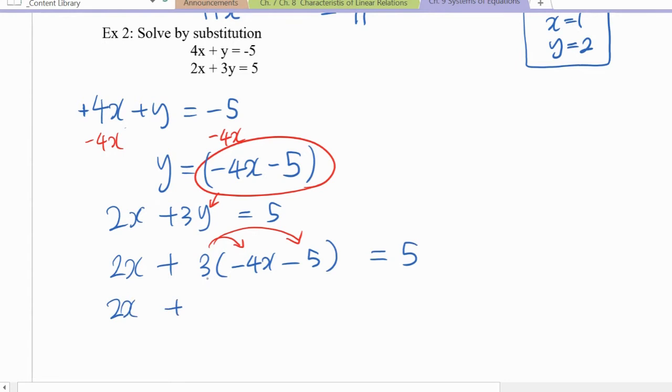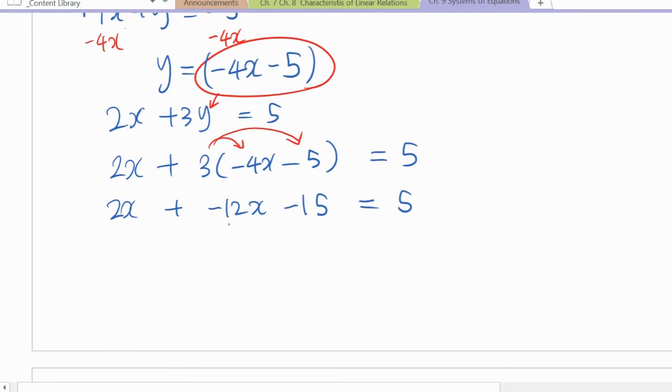2x plus 3 times negative 4, that is negative 12x. 3 times negative 5, that's negative 15, equals 5. Okay, 2x plus negative 12x, that is negative 10x minus 15 equals 5.